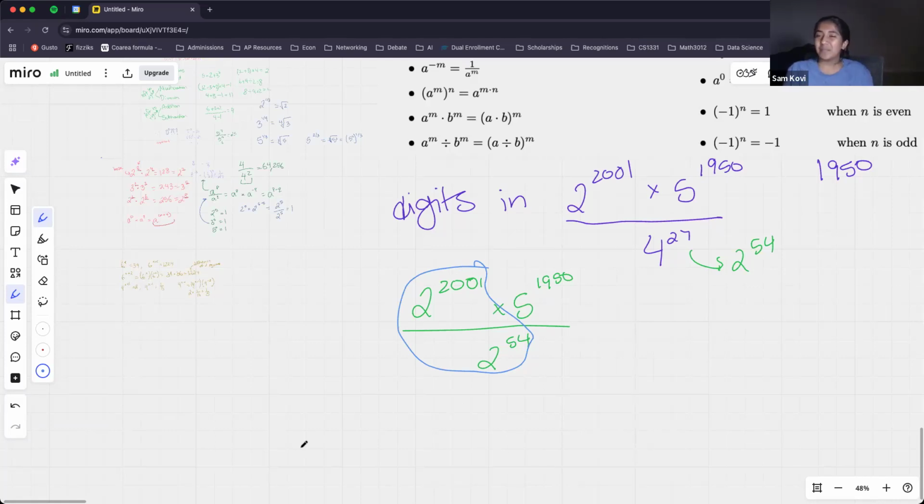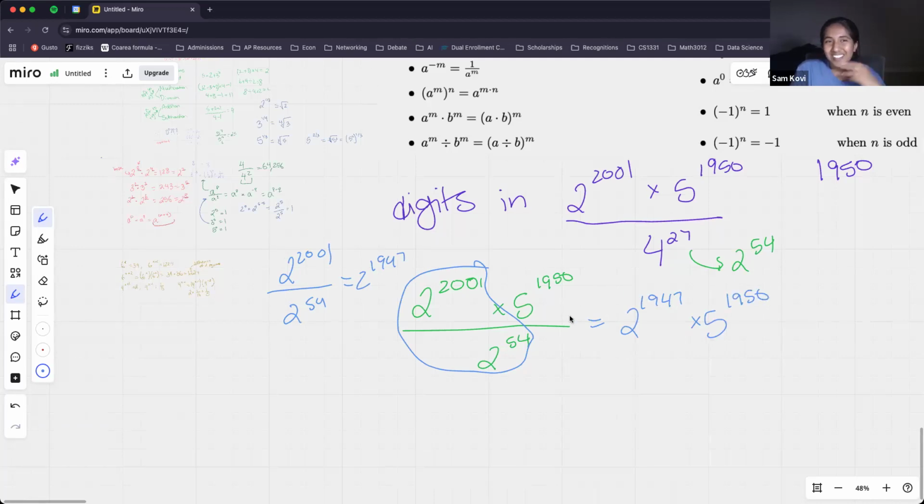Yeah, I agree. So if I have 2 to the power of 2001 divided by 2 to the power of 54, remember that's just our division rule. We've seen this already. I'm just going to do 2001 minus 54 to get 1947 as my exponent. So this finally becomes 2 to the power of 1947 times 5 to the power of 1950.